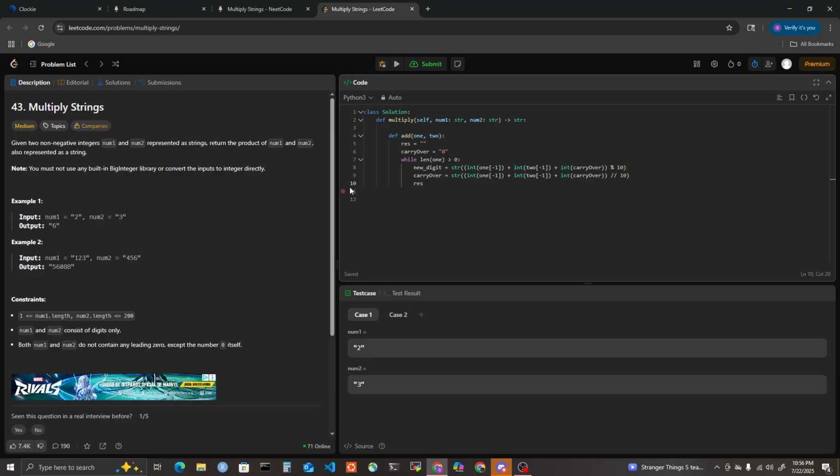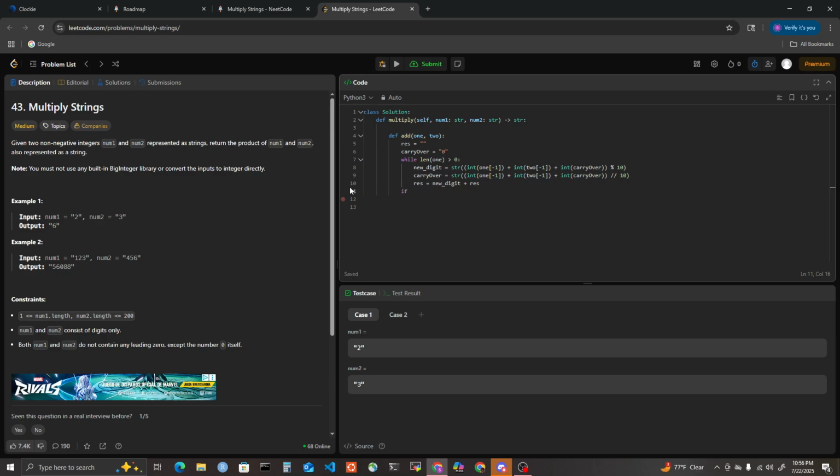So response is going to equal new digit plus response. Here you go, that's better, because the older one needs to be on the right. The newest digit just needs to be on the left.